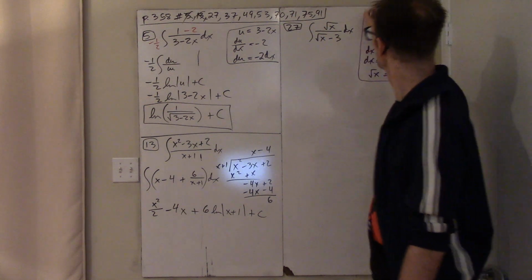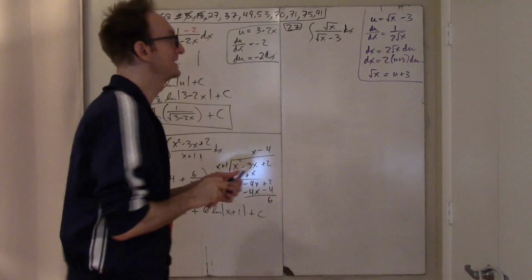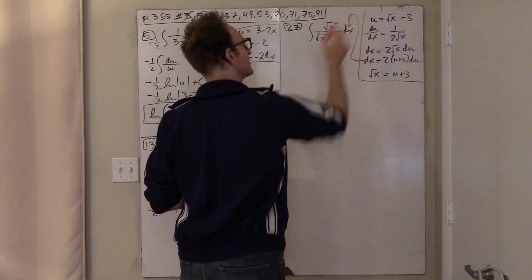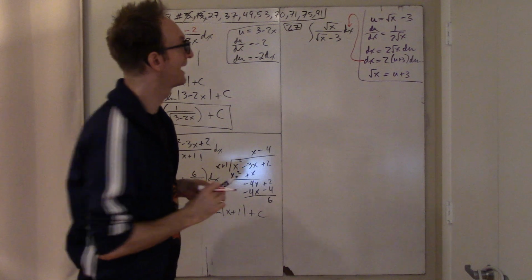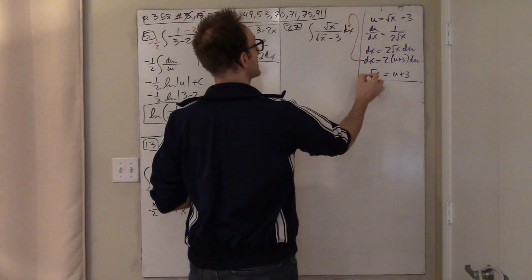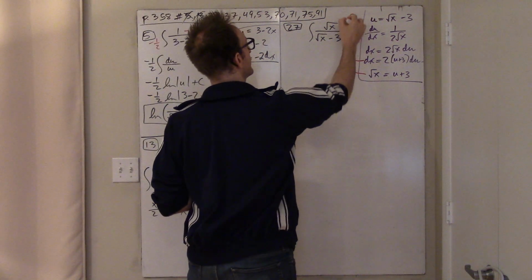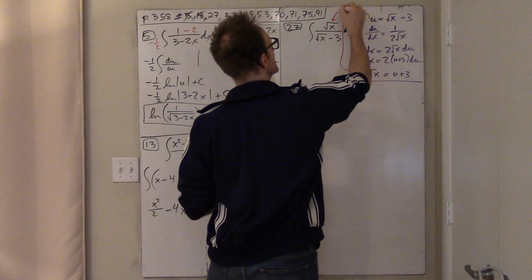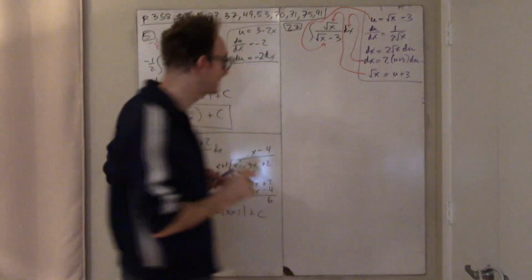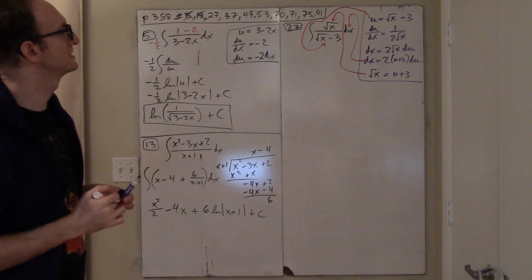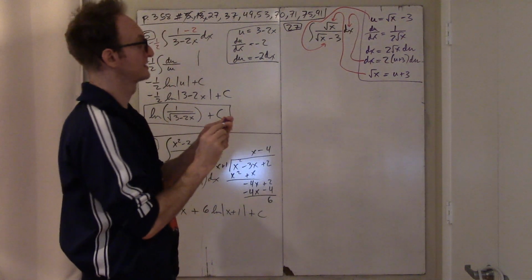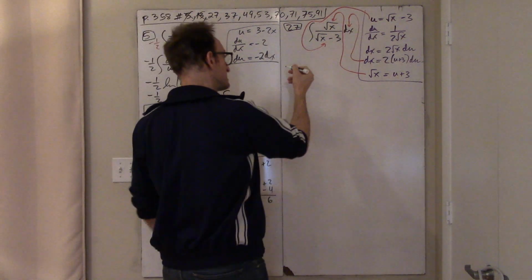And now this is everything I need. I take this and substitute in for dx, I take this and substitute it in for root x, and I take this and substitute it in for the denominator. I hope I did that whole thing right. I think I did. So what do I get?